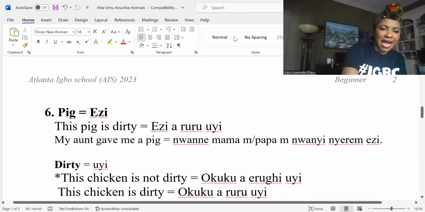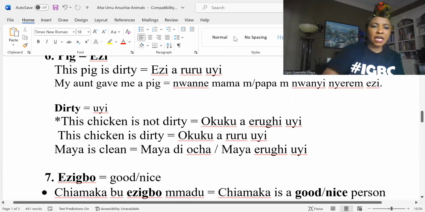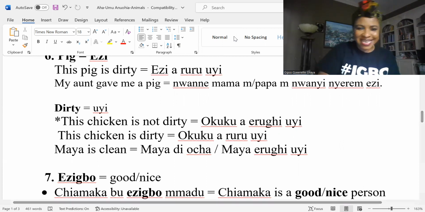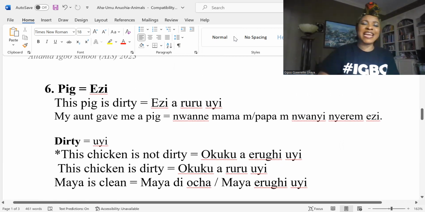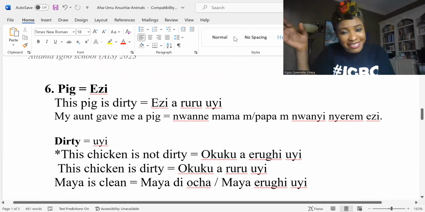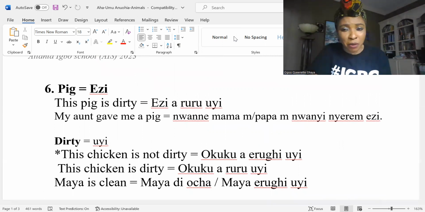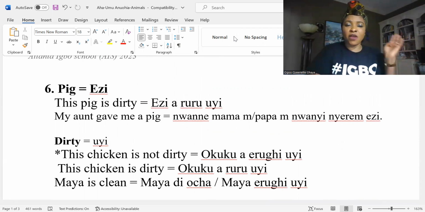Okay. Now, my aunt gave me a pig. Nwanne mama m, or you can say nwanne papa m, because your aunt can be either from your mom's side or from your dad's side. So you can say nwanne papa m.